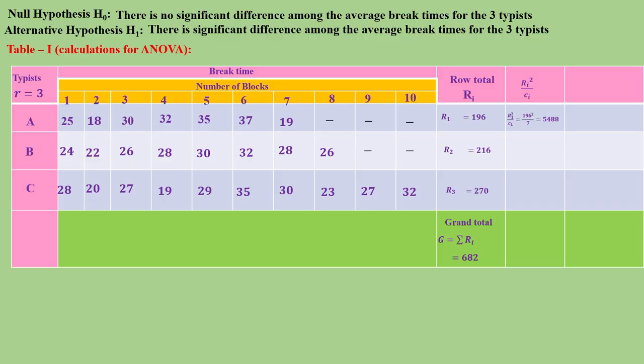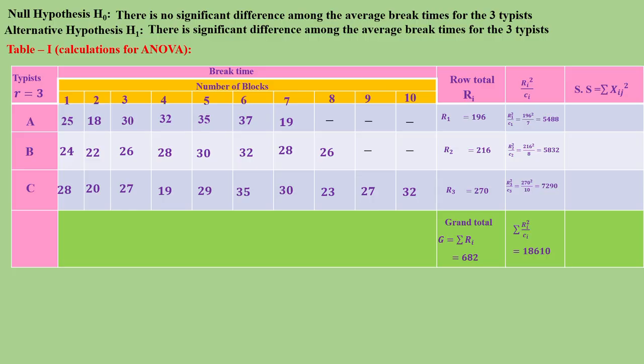So R1 square by C1, 196 square by 7, 5488, and R2 square by C2, 216 square by 8, 5832, then R3 square by C3, 270 square by 10, 7290. Then adding up all these in this column, you will get summation Ri square by Ci equal to 18610.